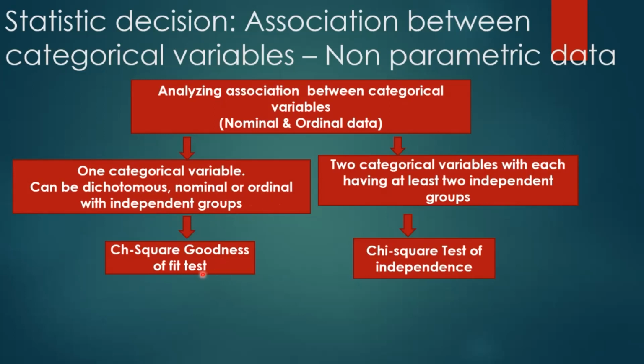Then for two categorical variables, each having at least two independent groups, like male and female, you use the chi-square test of independence.